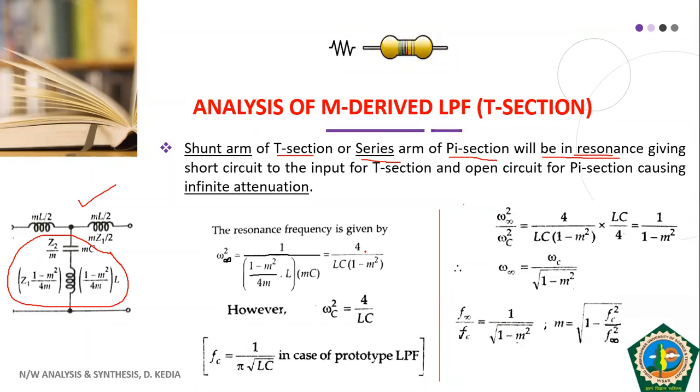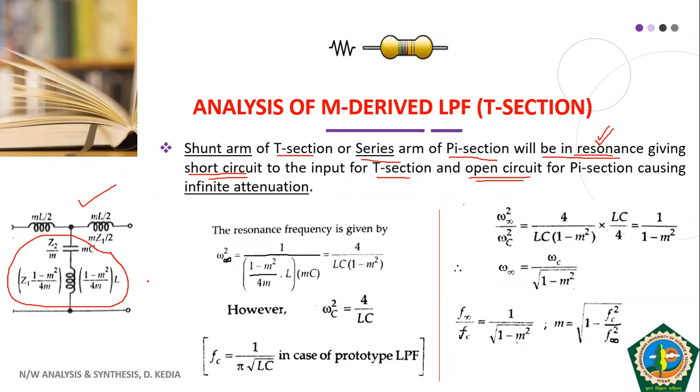We will assume these arms to be in resonance, and we know that during resonance, if we have minimum impedance, then it behaves like a short circuit, and if we have maximum impedance, that means we have an open circuit. So in case of resonance, we will have a short circuit for the T section and an open circuit for the pi section.